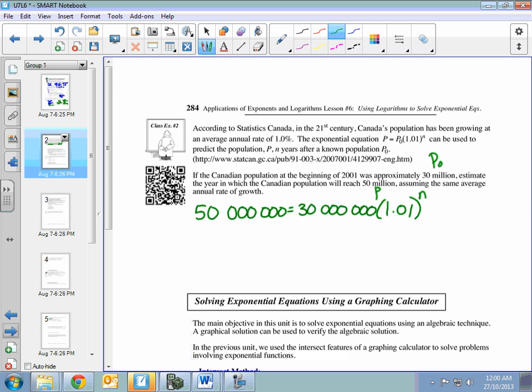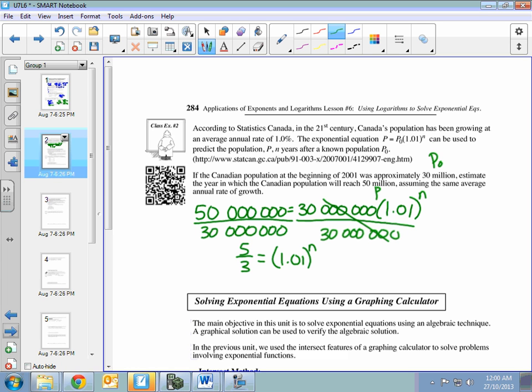Right now we're trying to find n. To find n, you want to get 1.01 to the n isolated. We have a coefficient in front of it, being multiplied, so you want to do the opposite and divide both sides by 30 million. 50 million divided by 30 million simplifies to 5 over 3 equals 1.01 to the n.